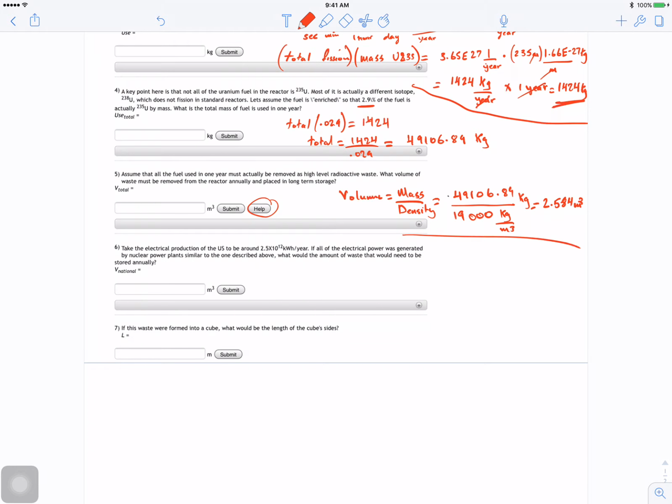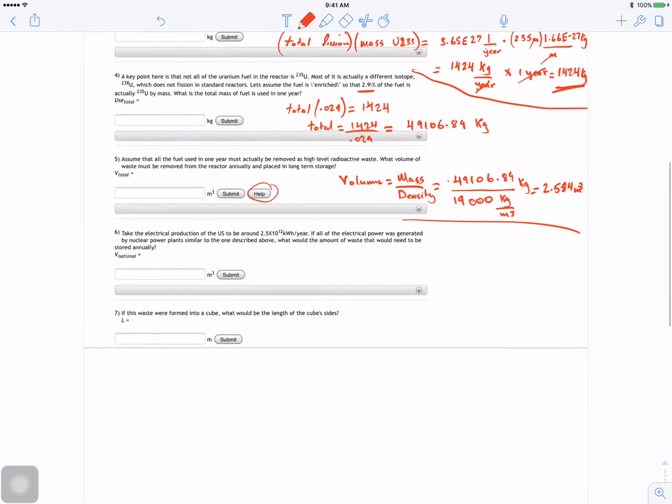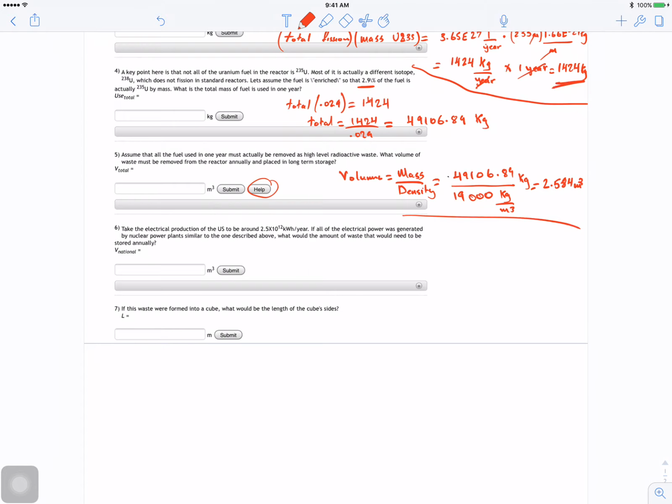Alright, so for number 6, it's a little bit tricky, but here you go, let's do it. In the beginning we need to change the 2.5 times 10 to the 12th kilowatt hours per year, times 3.6 times 10 to the 6 joules divided by kWh.